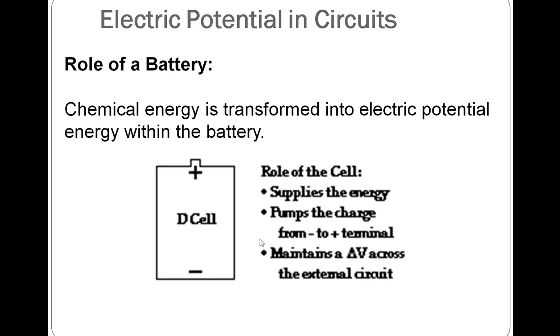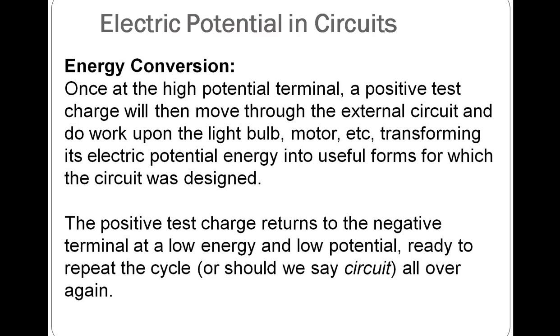If you use a water pump as the analogy, the battery would be the pump, the water would be the current, and the slope of the pipes would be the voltage. We'll talk more about some of those analogies as we go. So that's the role of the battery, to supply that electric potential energy to start with.